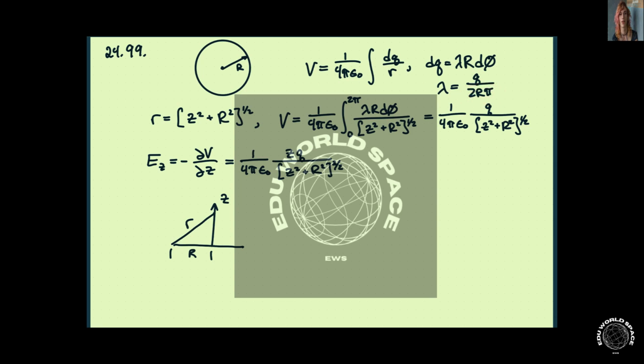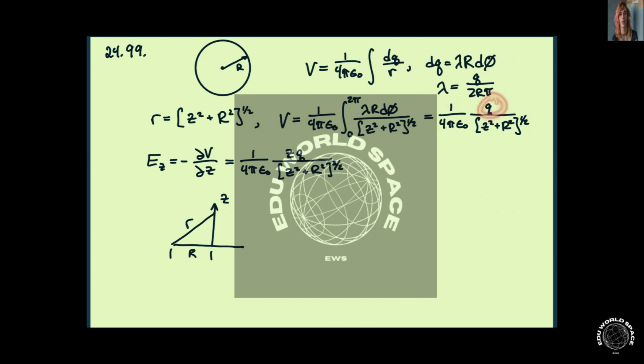Now we can plug this in here, and now we can do this integral, and it's really easy because nothing in here depends on phi. So we just integrate from 0 to 2 pi, and then do a little simplifying. We use this expression back in here, so we get that the voltage is given this way.